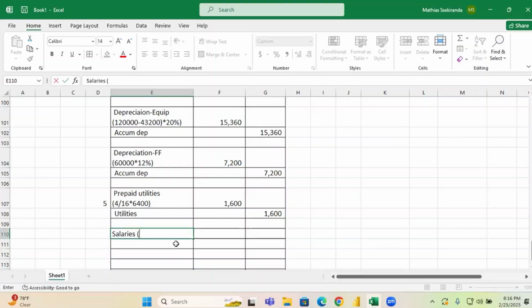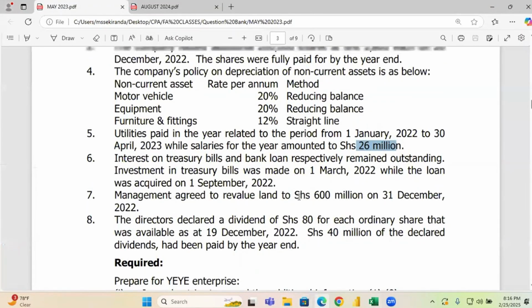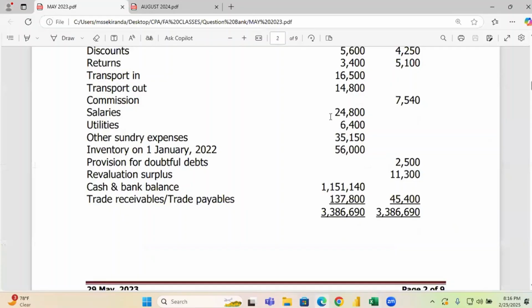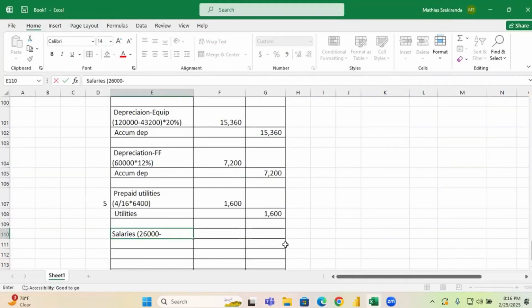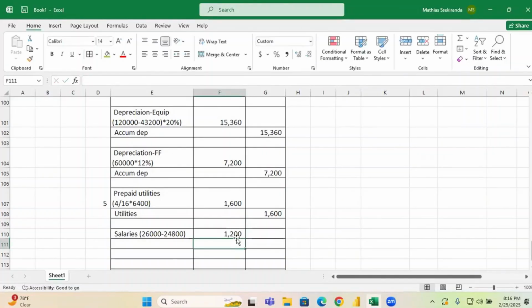And for accrued expenses, you debit expenses. So you shall get the would-be salaries minus the ones that were paid during the year, 24,800. To get that portion of salaries that you have not yet paid for during this year, that portion is 1,200.